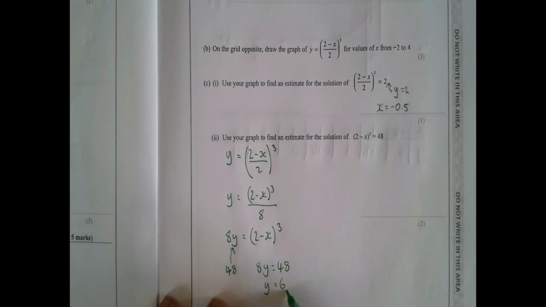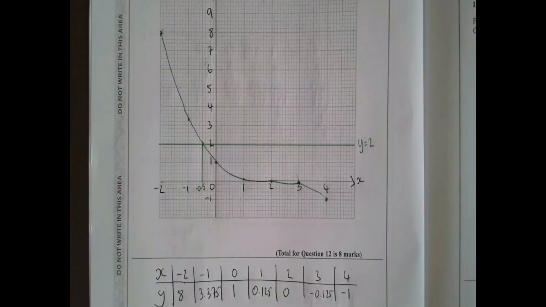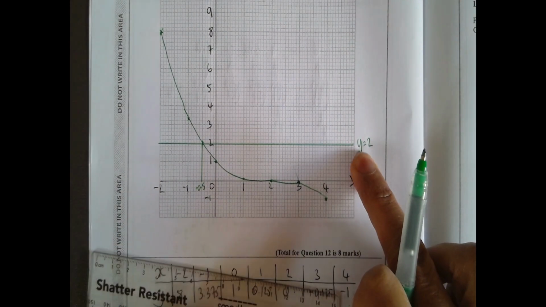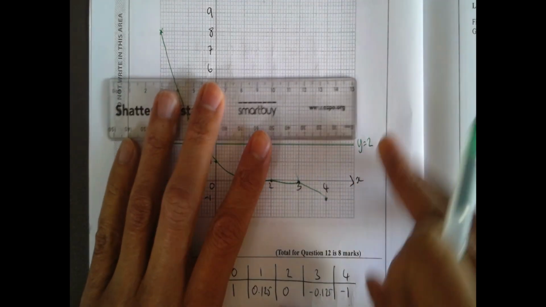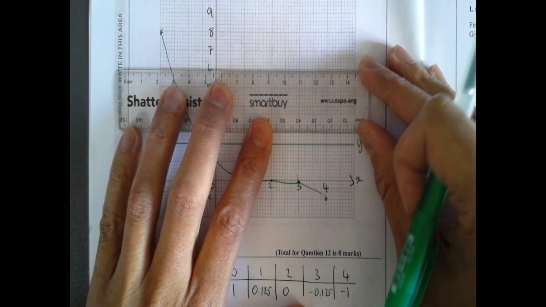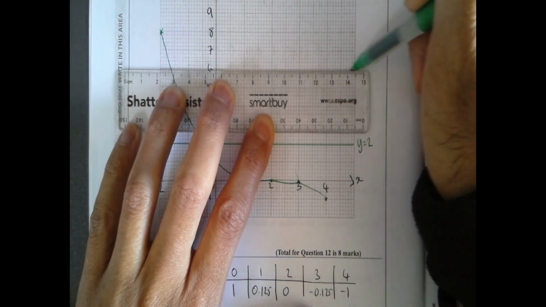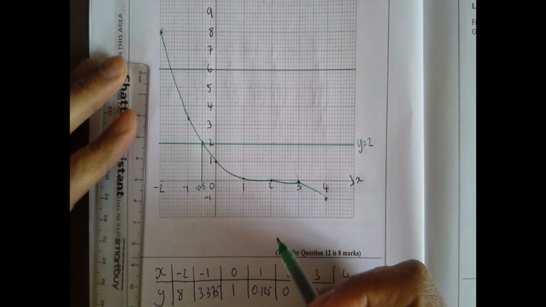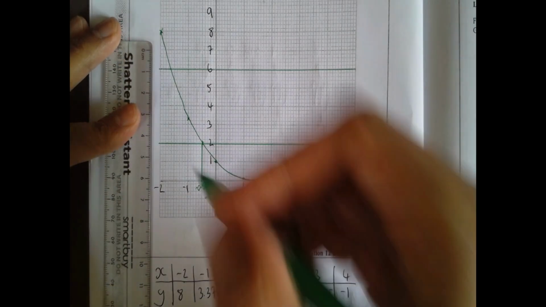So I'm going to draw the line y is equal to 6 back on my graph again. Like I did before, I drew the line y equals 2 earlier, and I'm now going to draw the line y equals 6. Then we're going to read off the x value from that. So I'm going to draw this across, y is equal to 6, and I want to read off this x value here.